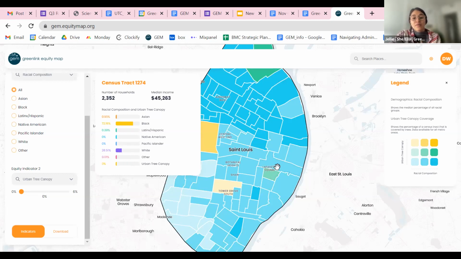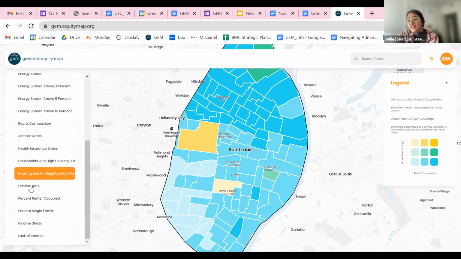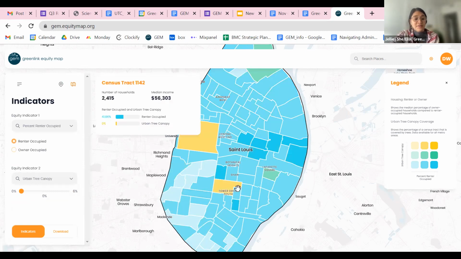We also saw some overlay with renter occupied units and urban tree canopy. Feel free, anybody from my team, to speak out as well. Again, things are really pushed over to the east side of St. Louis. We also noticed some areas that were becoming more developed, closer to universities or downtown areas where there's still a strong density of buildings.